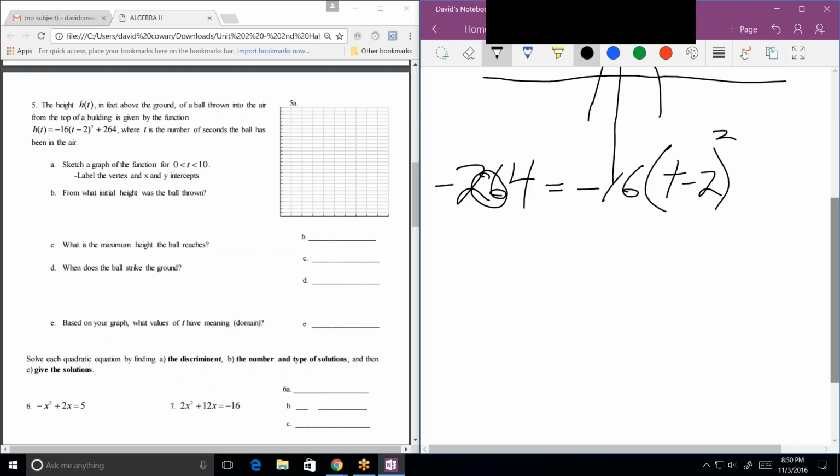Well, what's the first step in solving for t? Wouldn't you distribute the 16? No, you can't distribute the 16 because t minus 2 is being squared. The 16 is not. So I'm going to divide both sides by minus 16. That gets rid of it, which is what we want to do.